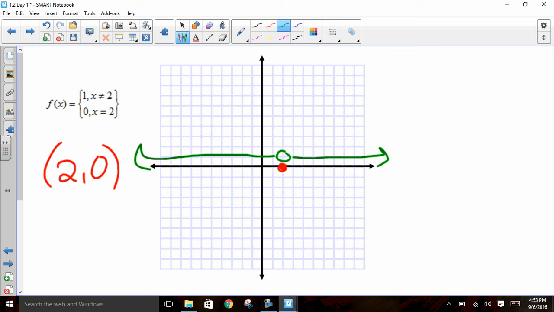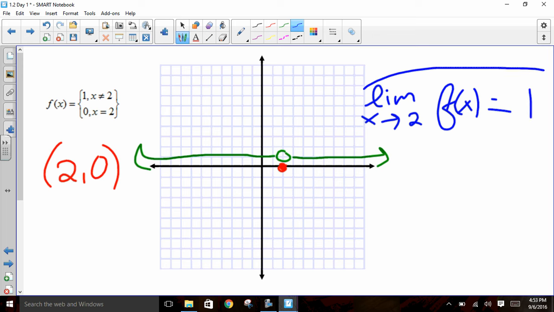So we're going to look at that green line to help us determine what my limit is. So when I get close to 2 of f of x, what value do I get close to? Do I get close to 0? Or do I get close to 1? My answer here is 1.